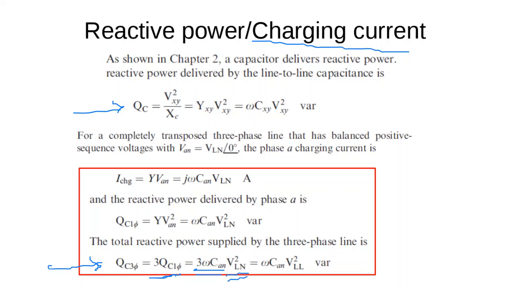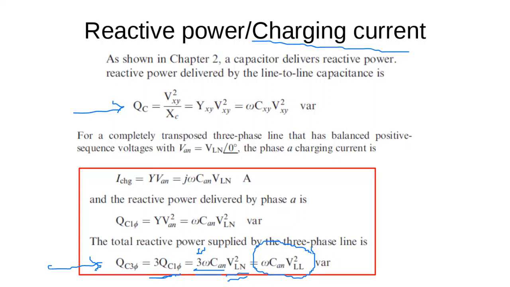Or you get rid of the 3 and multiply by V line to line squared. Why? Because V line to line equals square root of 3 times V line to neutral. So V line, square root of 3 squared, will be 3.